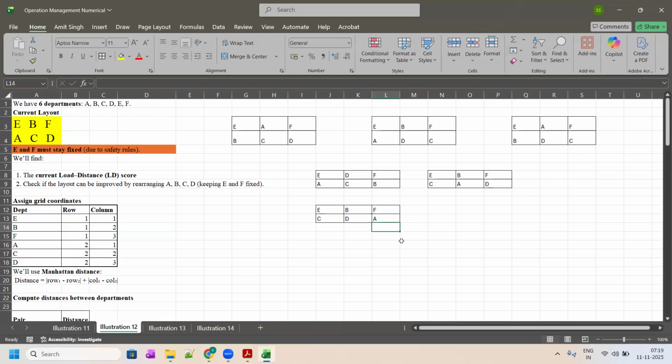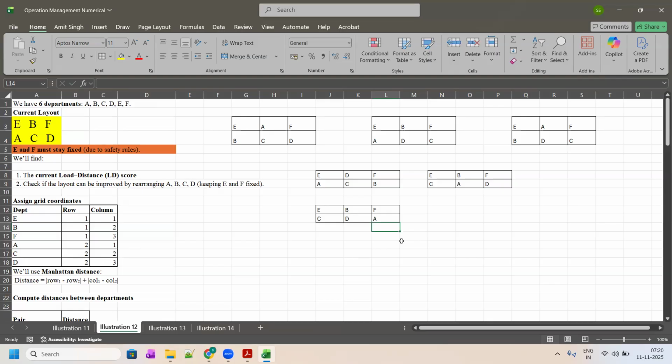First I interchange the position of A and B, then the position of C and D. We have four places for A, B, C, D, so like this we can interchange the position of all of them. There would be many more cases like this.